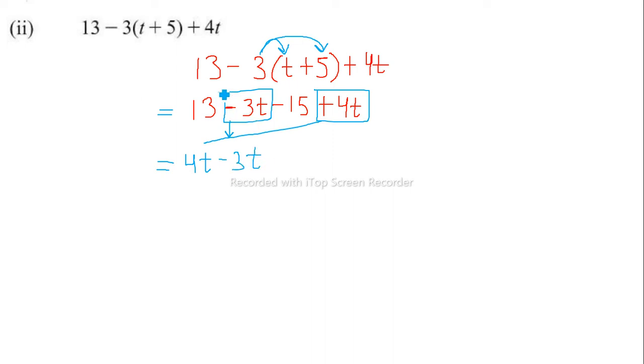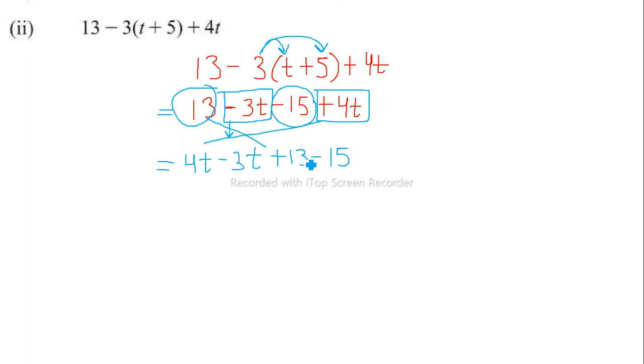And then we take the 13, so it's plus 13, and we bring down the negative 15. Why didn't we put the negative 15 before it? It doesn't matter once they're together.